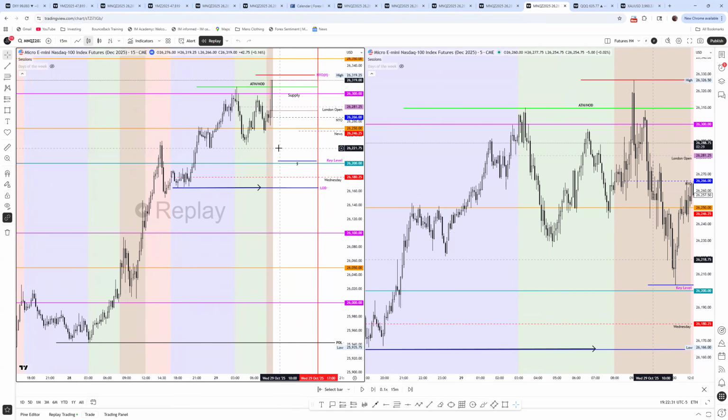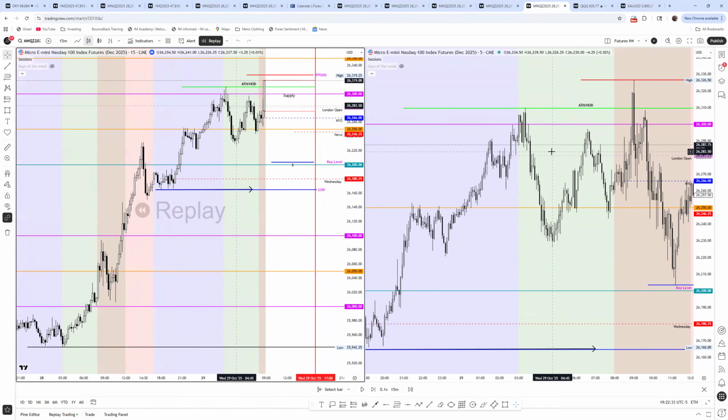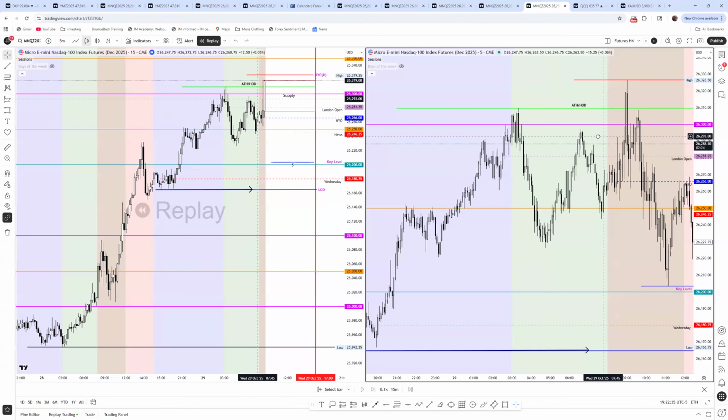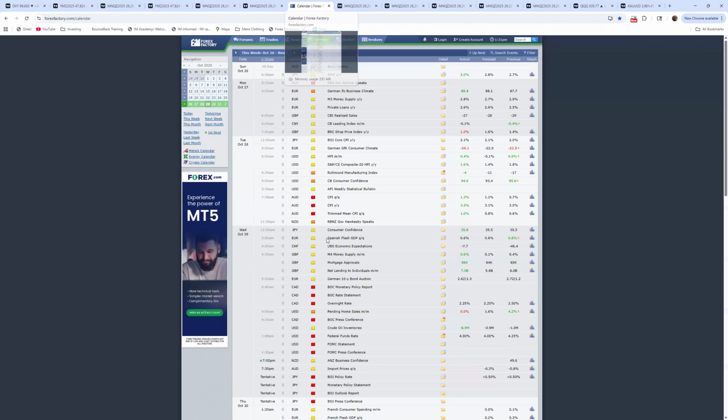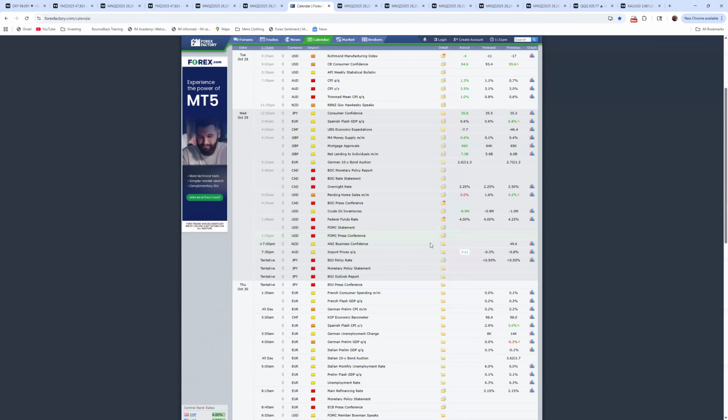Now, one thing about FOMC you want to know is they're going to stagnate the price, right? What that means is they're going to basically draw it out until around that 1 p.m. release, and as well when Jerome Powell starts to speak, right? So you want to know that when that came out today at 1 p.m., they released the rate, right?